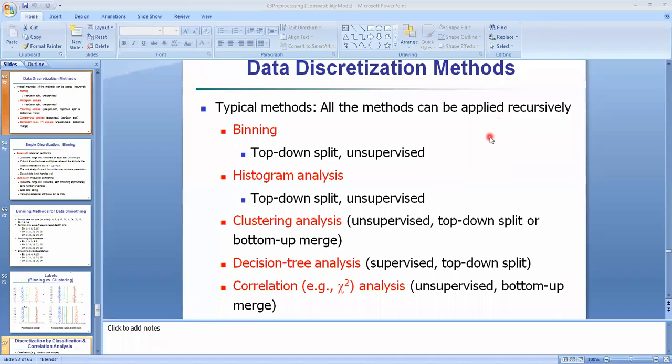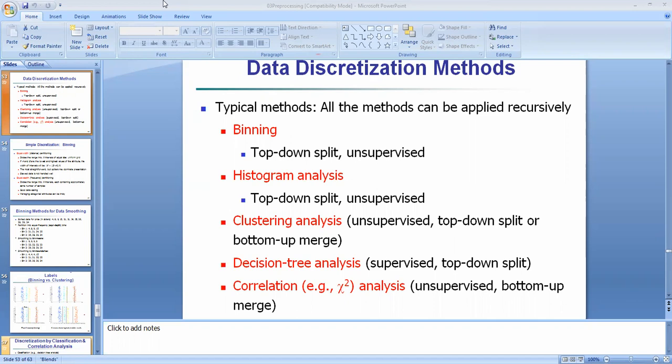For what purpose do we use the bin? You have a dustbin, you have bin bags. Binning means you are putting items into a bin, like objects into a basket. Binning is unsupervised, but it can be a top down split.